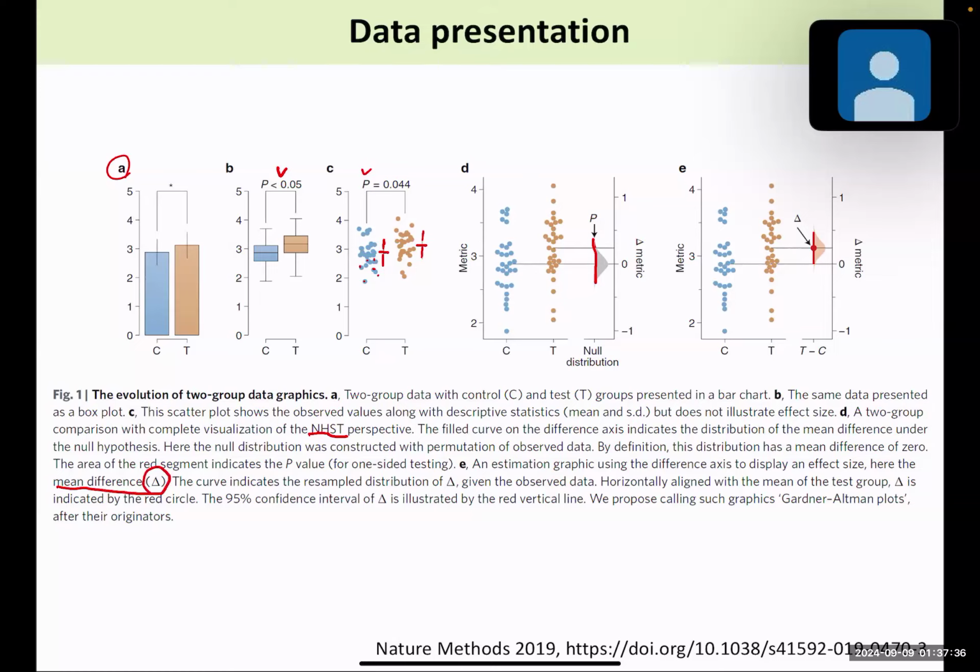So here, the 0 represents the average value of the control group, and the delta represents the average value of the second experimental group. And then it also represents the distribution of the delta values here. So by using this graph E, you can give as much statistical data as possible to the readers.